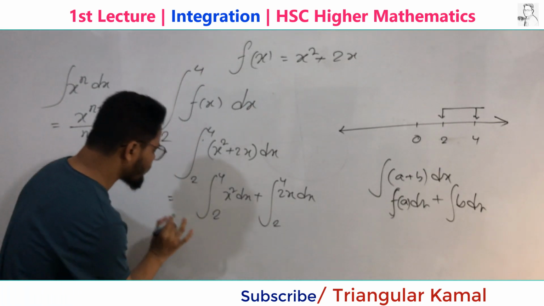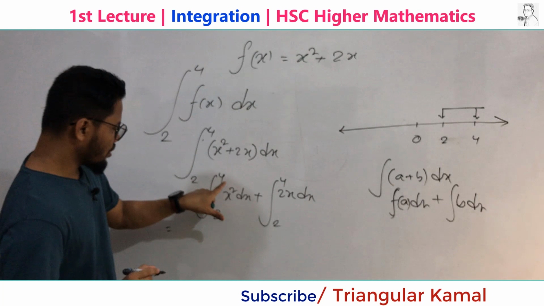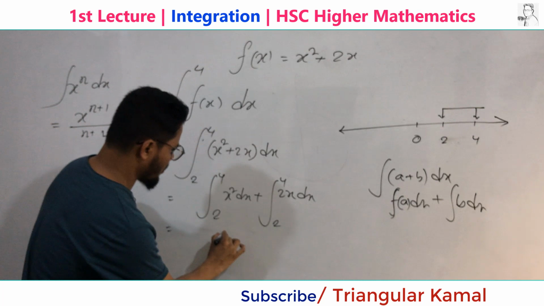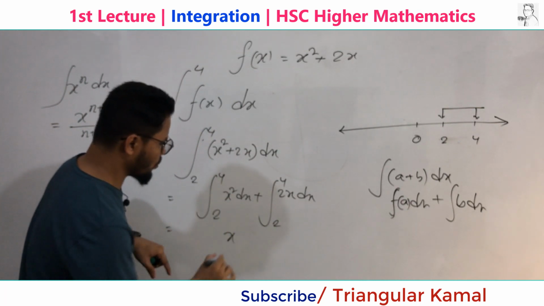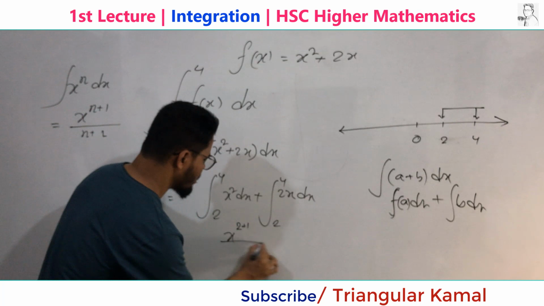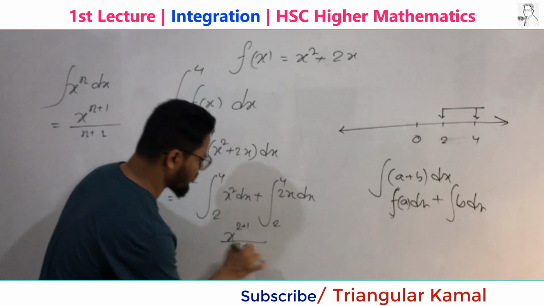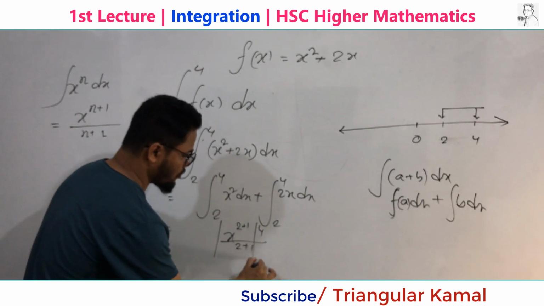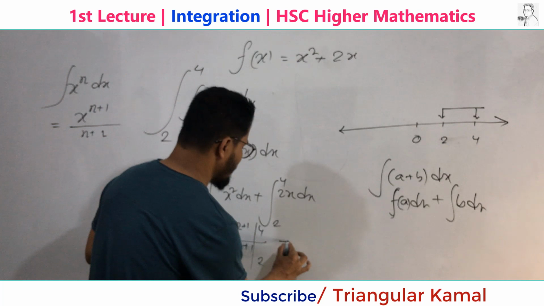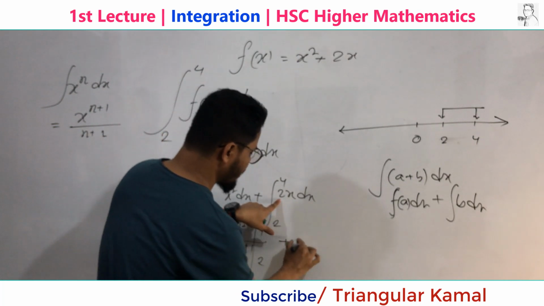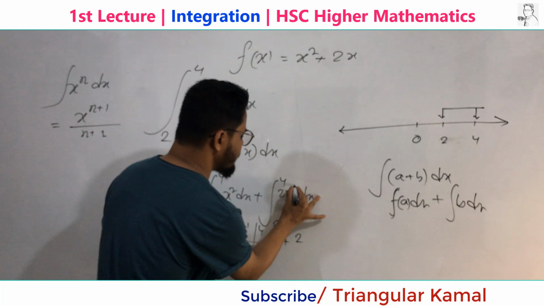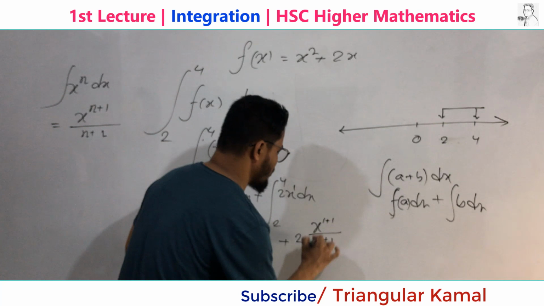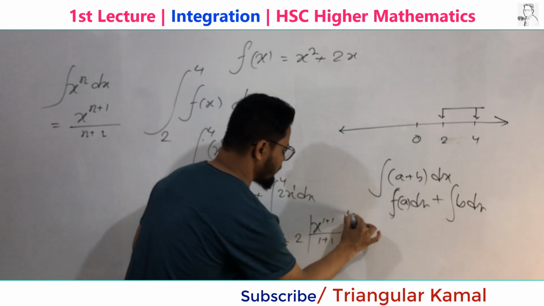Similarly, we write x to the power 2, then 2 plus 1 divided by 2 plus 1, with integration limits 4 and 2. Similarly, this is the coefficient, so first write the coefficient here, and this is the invisible power 1, so we write 1 plus 1 divided by 1 plus 1, and then integration limits 4 and 2.